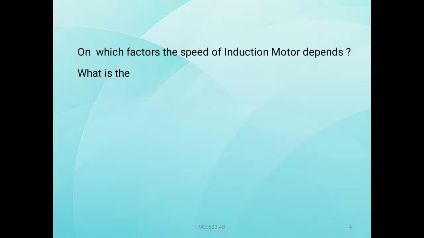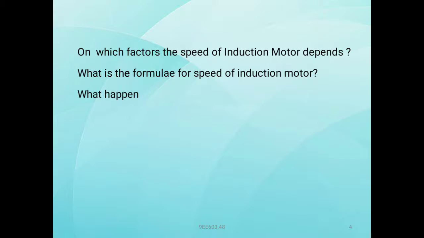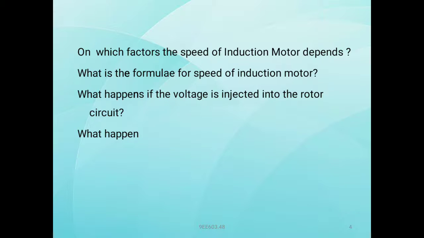On which factors does the speed of induction motors depend, what is the formula for speed of induction motor, and what happens when the voltage is injected into the rotor circuit.